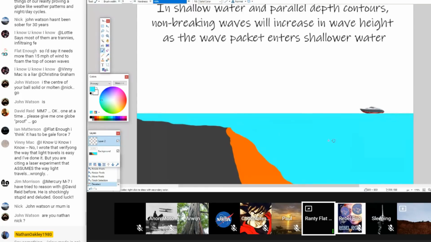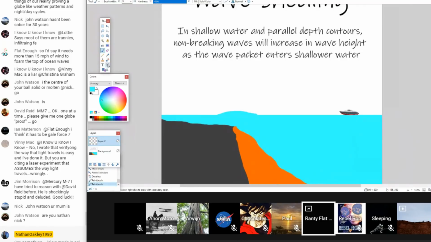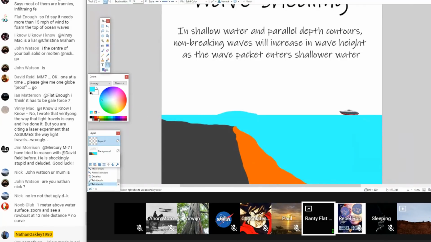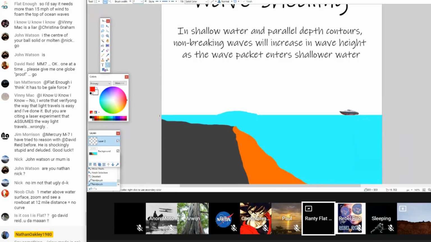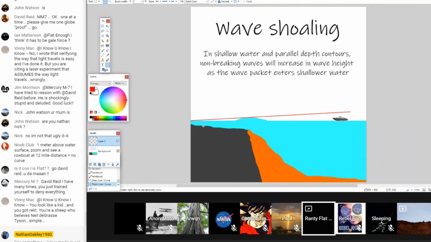As the water's pushing in and it's starting to shoal, you're going to get some increase in height in these areas here. And that is going to be blockage from you trying to view it from the shoreline. And if you're looking at a boat and asking why things disappear from the bottom up, well, if it's shoaling in these areas, this is what's going to happen. That boat will be hidden behind this shoaling as it moves in from the deep into the shallows.